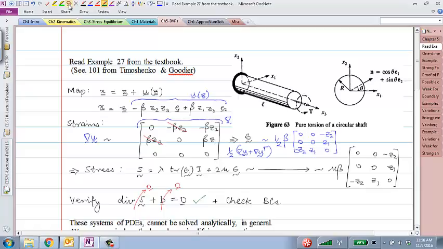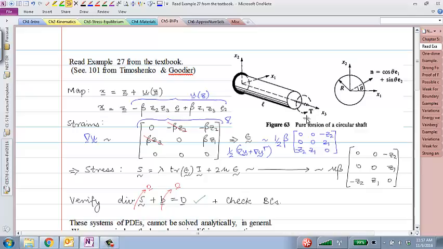And once again, I'll leave it for you to check that the boundary conditions are also satisfied. That if you take this stress field, act it on the normal, you will get a traction profile. If you integrate those tractions on this surface and on the back surface, then you'll be able to equate it to a torsional moment.